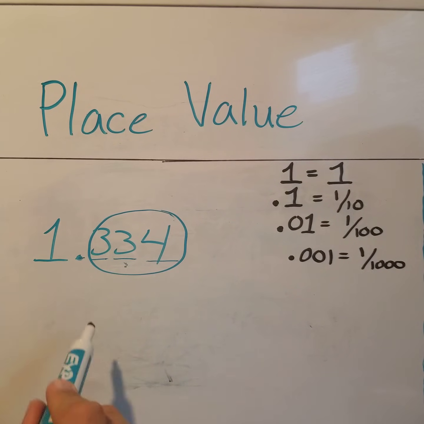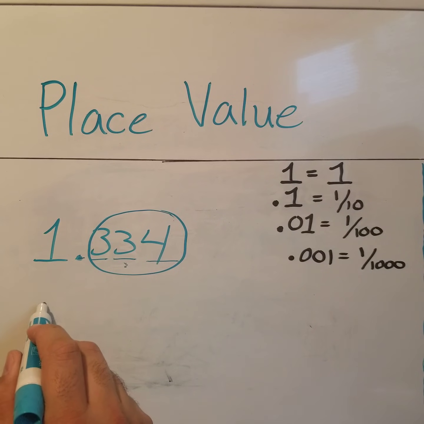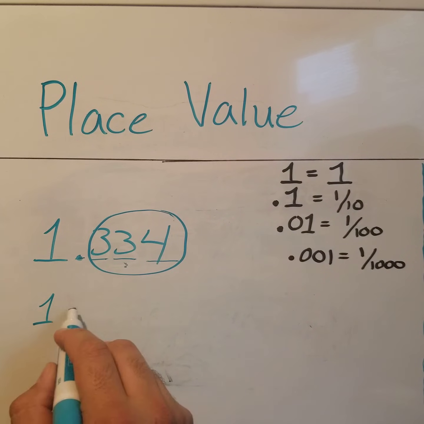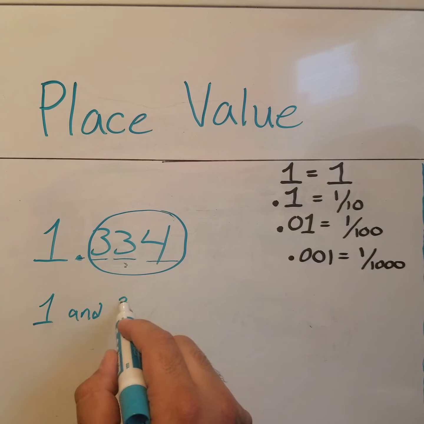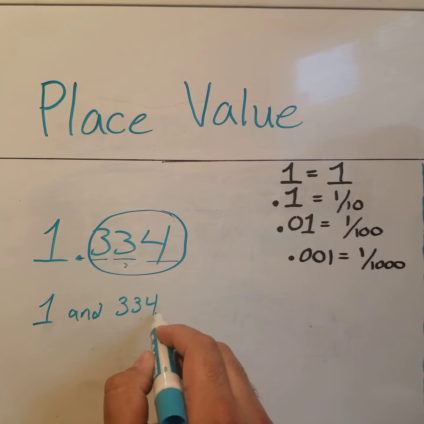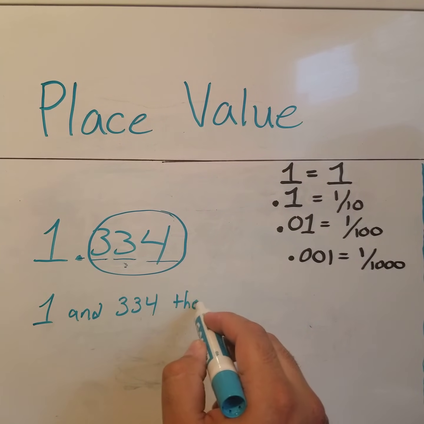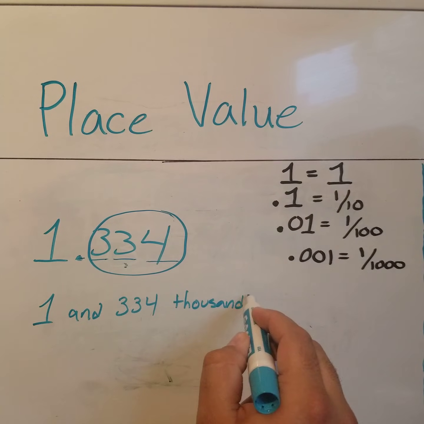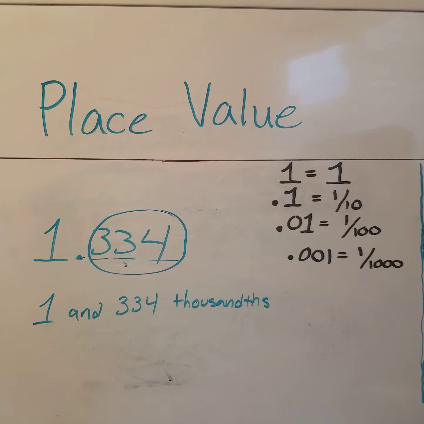So the correct way to say this is I have 1 and 334 thousandths. Okay. So basically I have 1 and 334 thousandths of an inch.